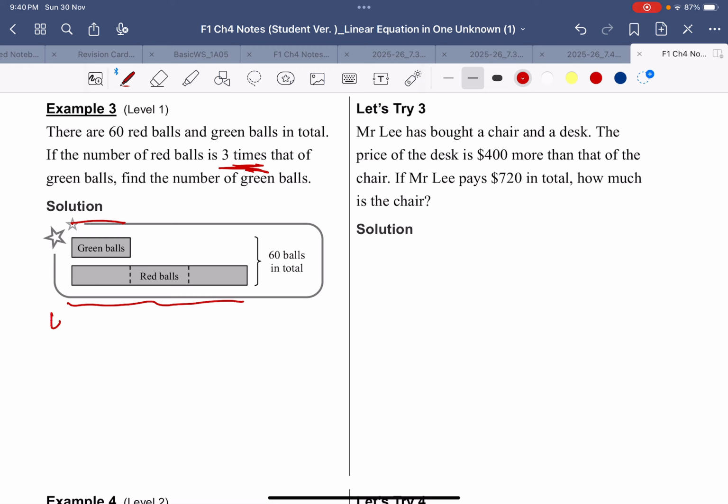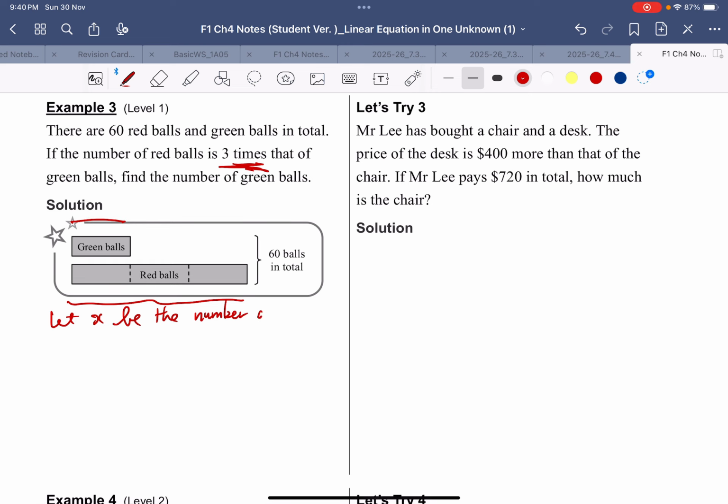So first of all, we need to let x be the number of green balls. So this is x. And the red balls are 3 times that of green balls. That means red balls is 3x. x plus 3x equals 60 balls in total.